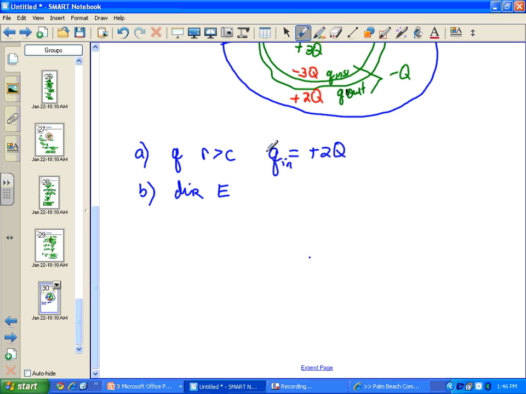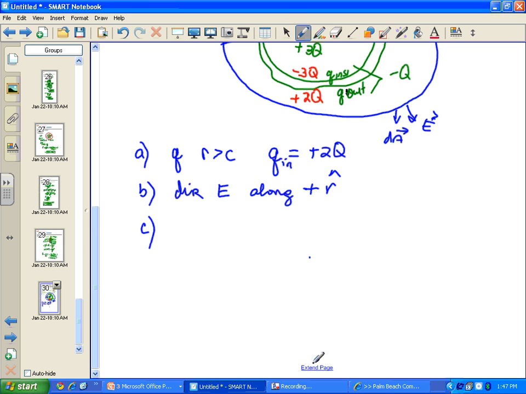Because the net charge inside is positive, E is along the positive r hat direction, so E is radially outward. And of course dA will also be radially outward, and these two are parallel.